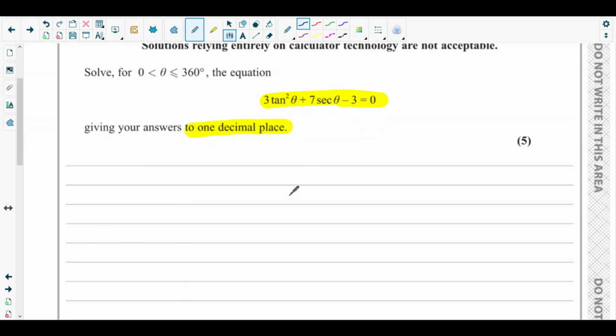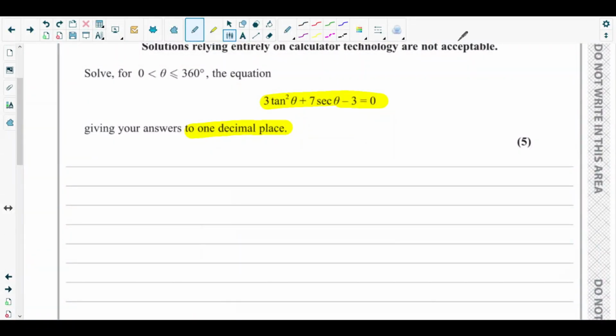Okay, so write it first. Here, what is given? 3 tan squared theta plus 7 sec theta minus 3. At the start, we will consider the trigonometric identity: sec squared theta minus tan squared theta equals 1.